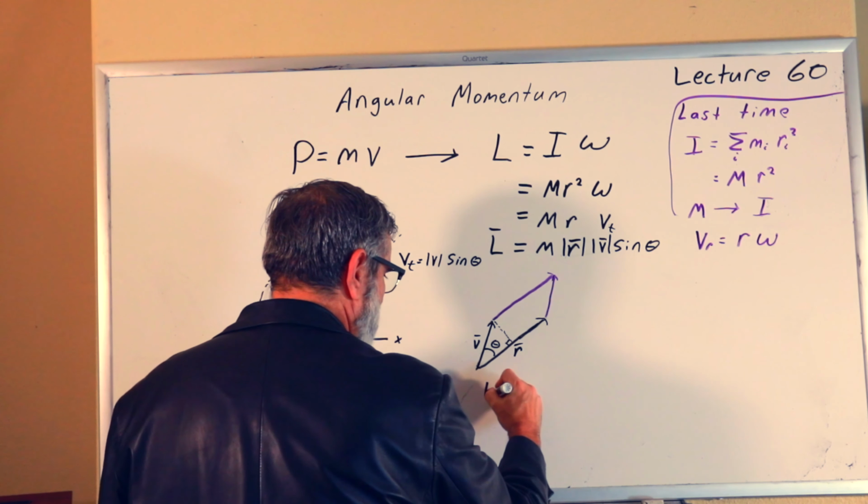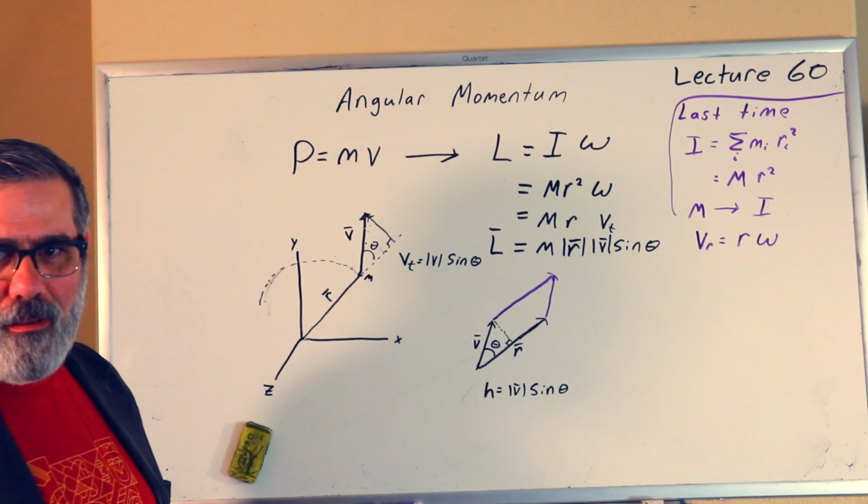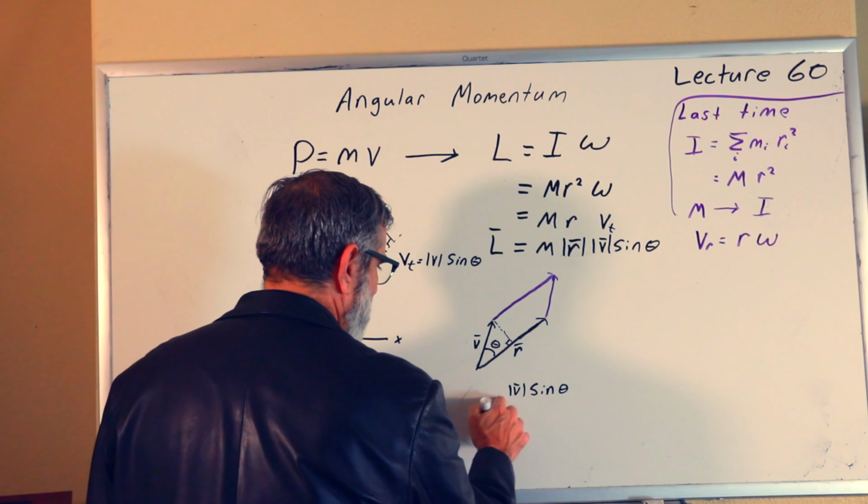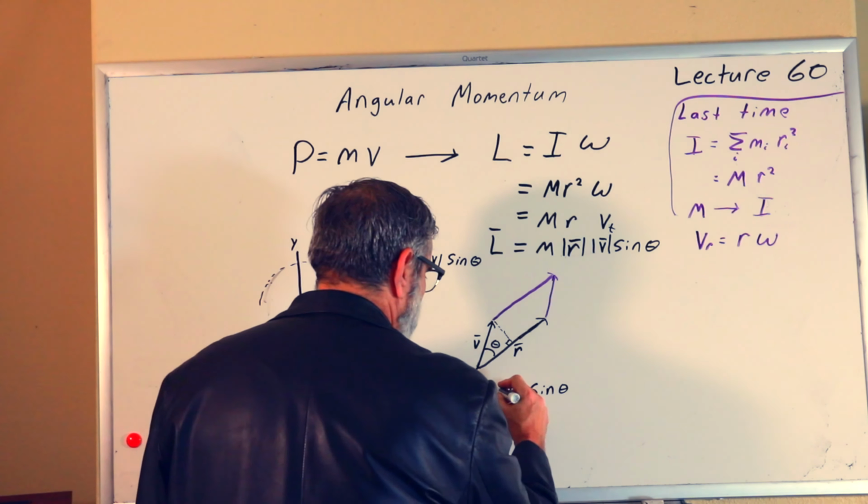But that's exactly what we call the tangential component of the velocity. And here I'm multiplying it by r, as in my original formula for the angular momentum. So that tells me something: r times v sine theta is equal to the area of this parallelogram.